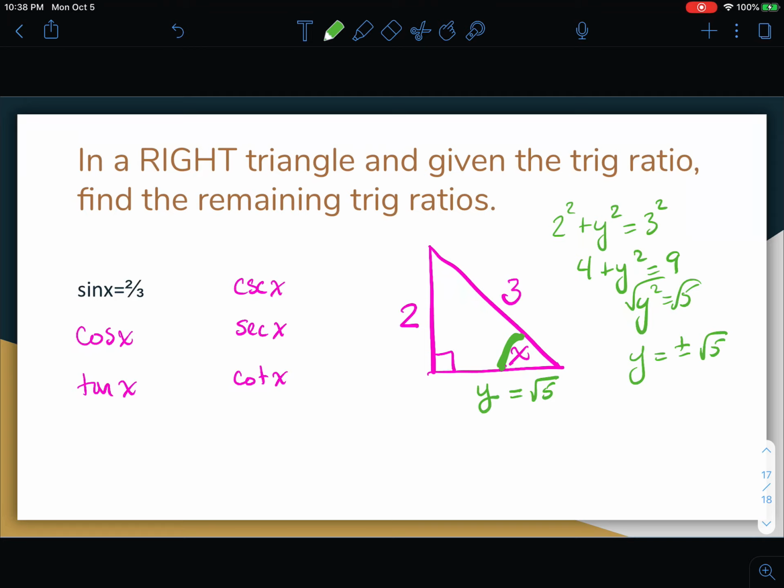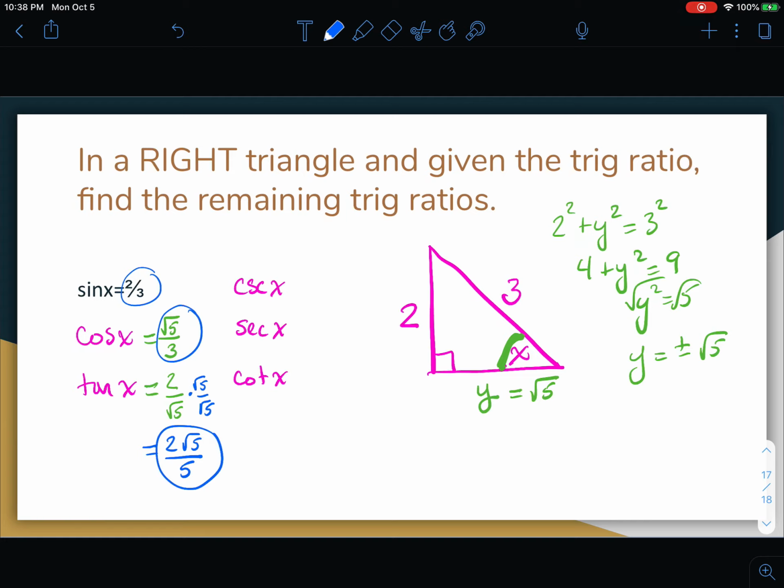Cosine of the angle is adjacent over hypotenuse. Tangent is opposite over adjacent. Oh, now we have to do a little bit of work here. We have to rationalize: radical 5 over radical 5, which equals 2 radical 5 over 5. So far, sine was given, and we found cosine and tangent.